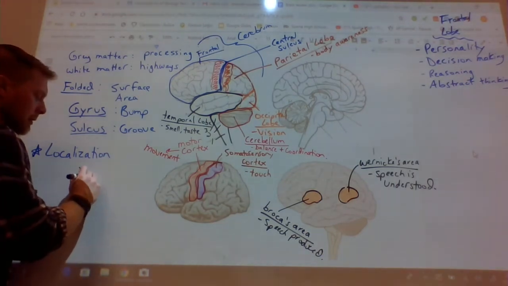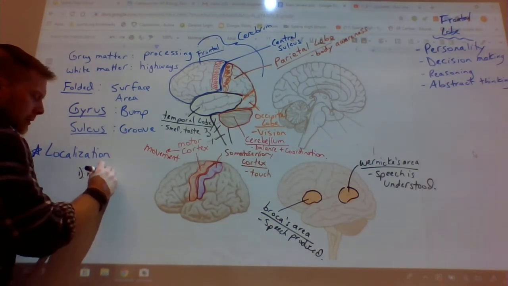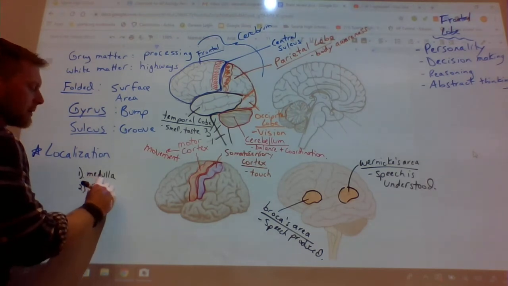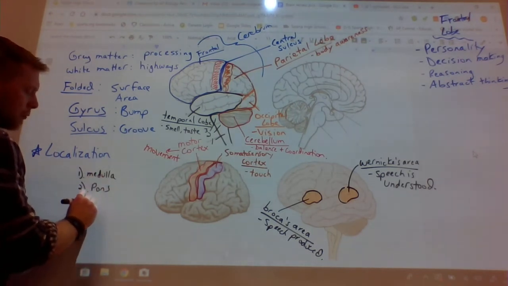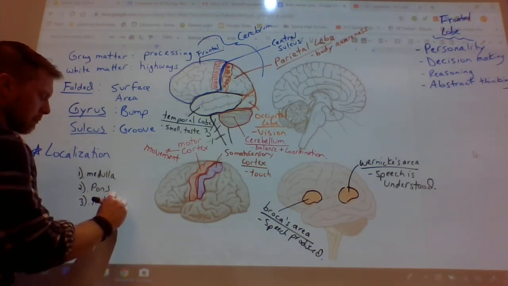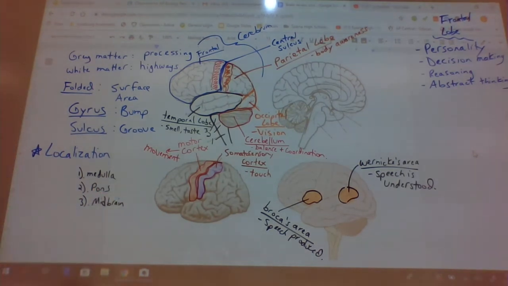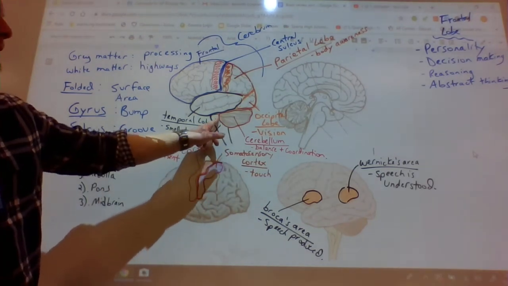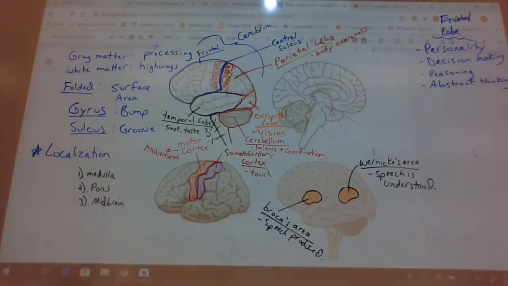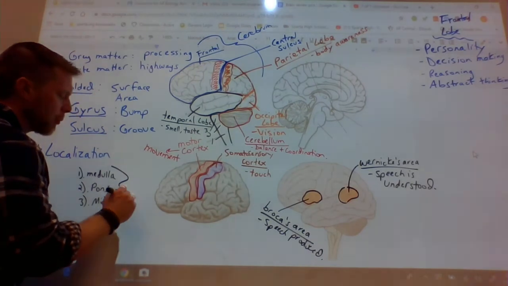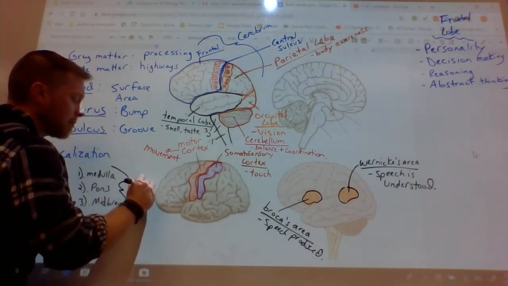Number 1 is your medulla. 2 is your pons. 3 is your midbrain. Your medulla, pons, and midbrain. From the bottom up, medulla, pons, midbrain. And these three structures make up what we call your brainstem.